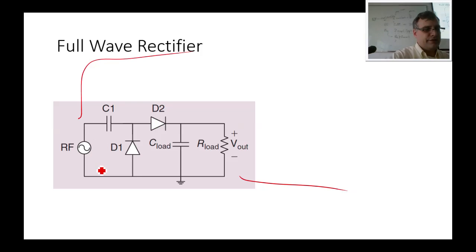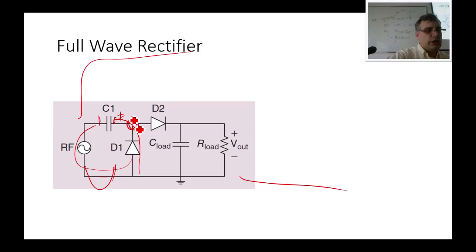when there's negative voltage here, you are going to cause current to flow through here and deposit charge onto here, taking it away from here. So this is the path.